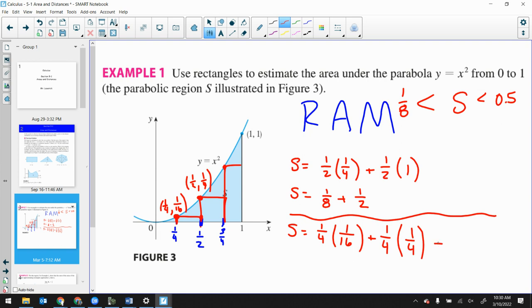This here is going to be 1/4 times, what's my height here? This is 3/4 comma 3/4 squared, right? Whatever that value is. 9/16, if you will.